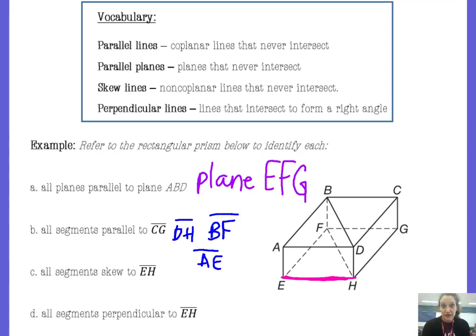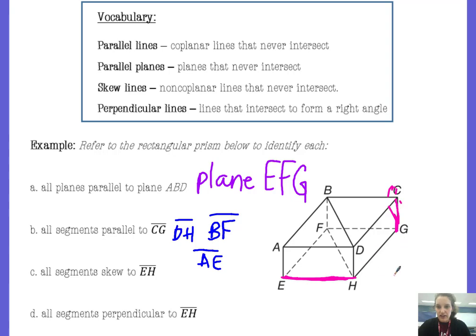You're probably watching my arms. You're like, Ms. Briscoe, what are you doing? So segment EH and, for example, segment CG, which is back here, this is an example of skew segments, because EH is at the front edge of the box, CG is in the back.